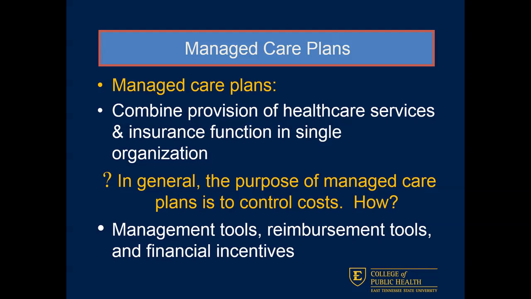We had to figure out a way to really control cost. So managed care plans put a lot of mechanisms in place to work to control costs, and we have things like reimbursement tools, financial incentives, some management tools, and we'll get into all that throughout this half of the lecture talking about managed care plans.